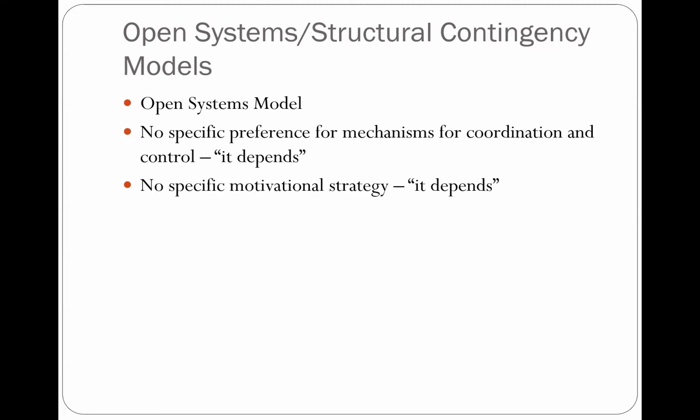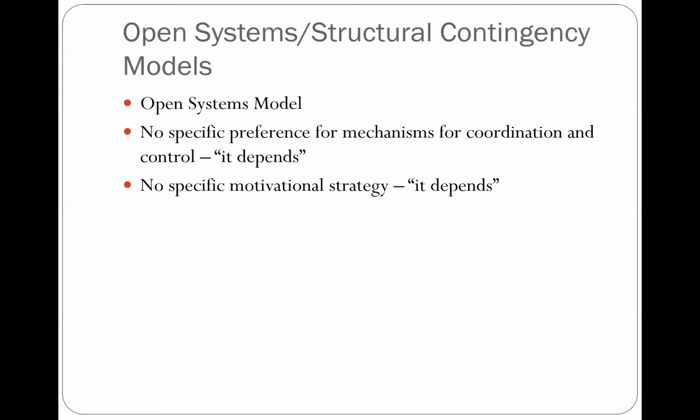So when we look at open systems theory and structural contingency theory in terms of our models for organizational effectiveness, obviously it's the open systems model. It goes without saying. That's the name of the school. It's very much open systems in nature. We're looking at the characteristics of that external environment, how the environment affects the organization, how the organization then affects its environment.